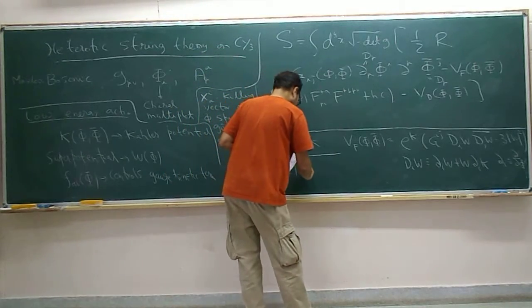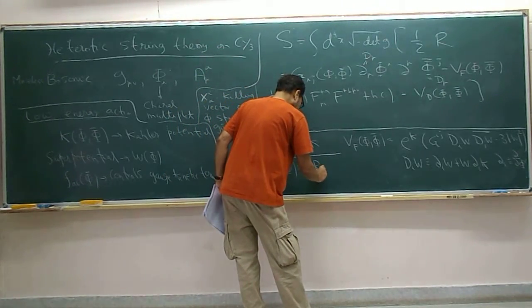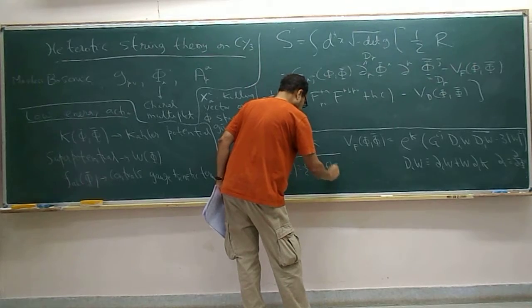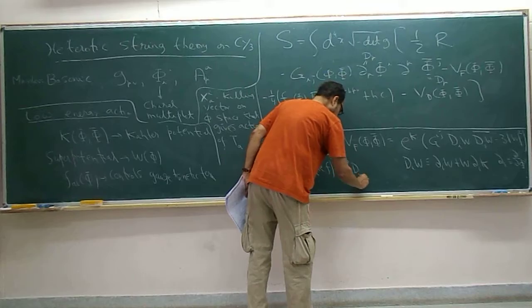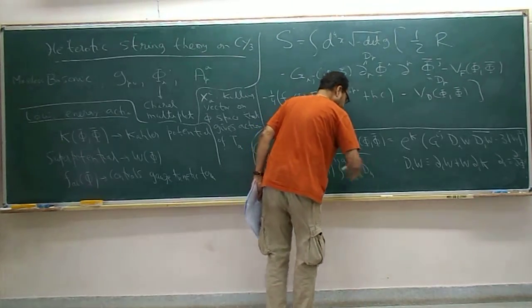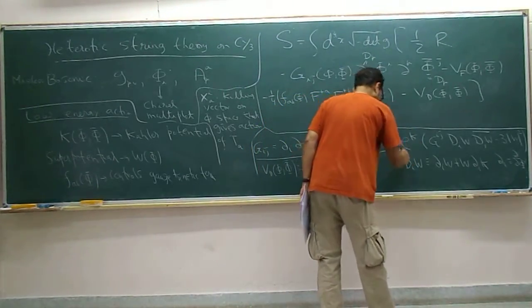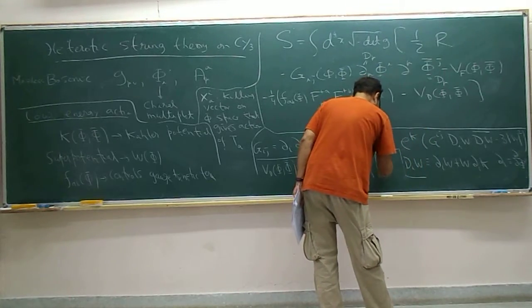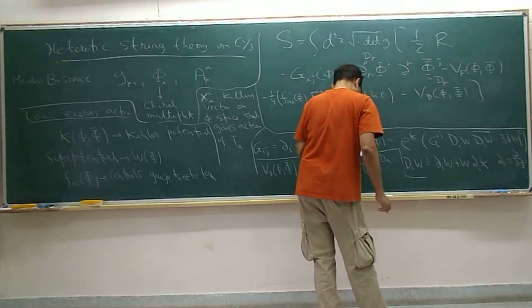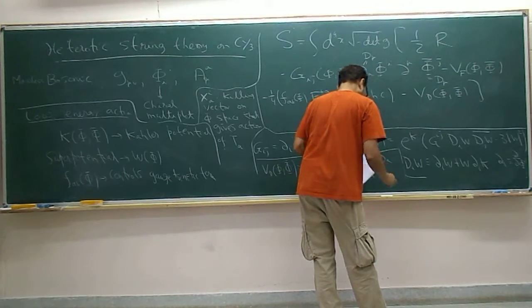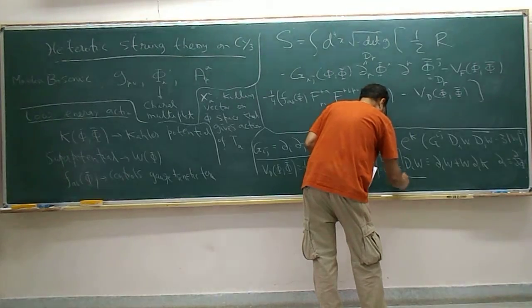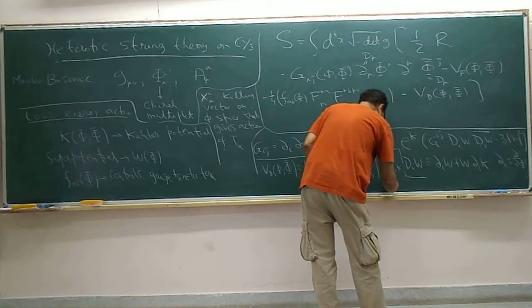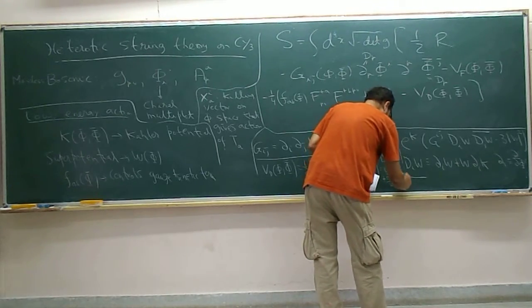It's half real of f inverse AB, real of f inverse, D_A is i times del_i K plus del_i W over W times xi.